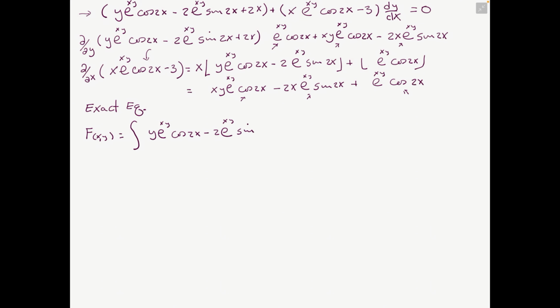So f of xy is equal to the integral of y e to the xy cos 2x minus 2 e to the xy sine of 2x plus 2x dx plus h of y.